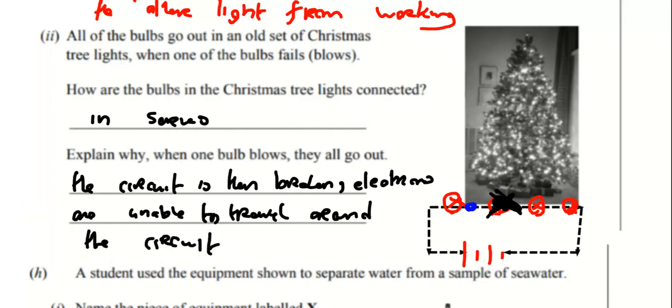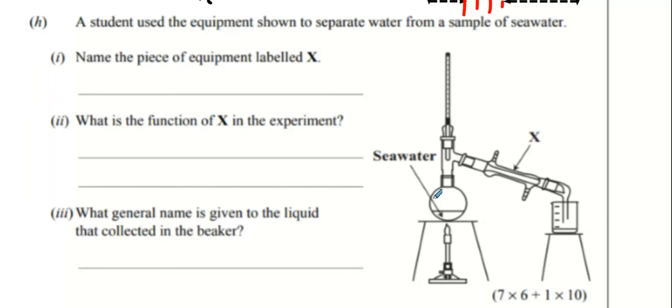Okay. A student used equipment to separate water from a sample of seawater. Name the piece of equipment. Alright, this is a distillation. Oh, sorry, I get it wrong. That's a Liebig condenser, so you can say condenser jacket. I always call it a Liebig condenser.